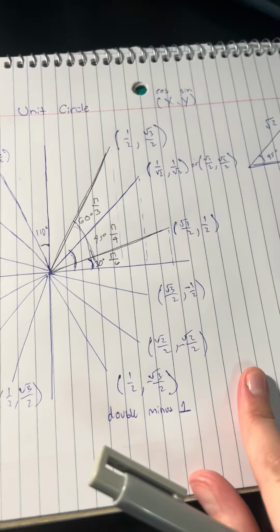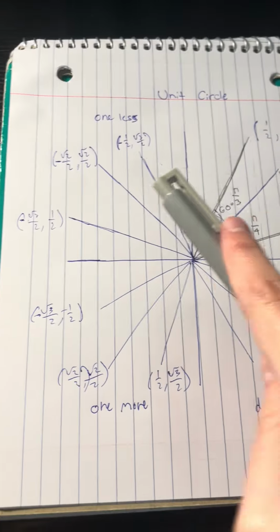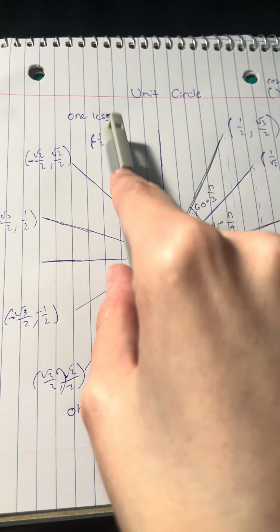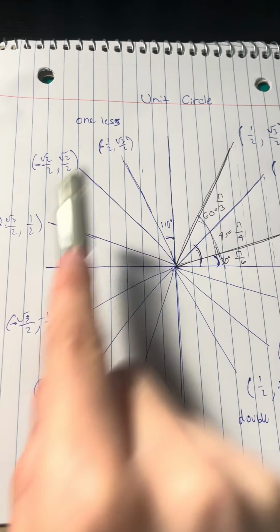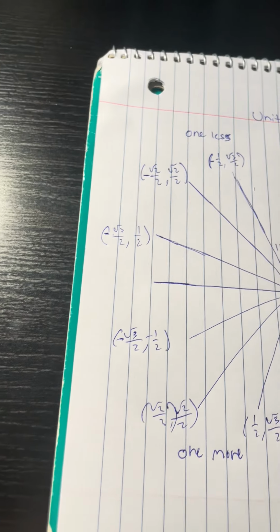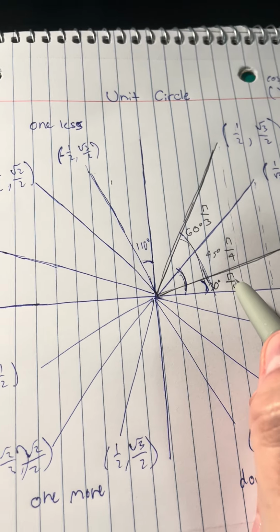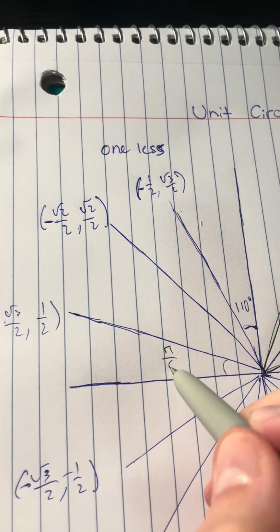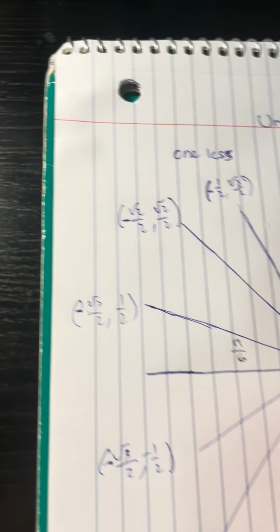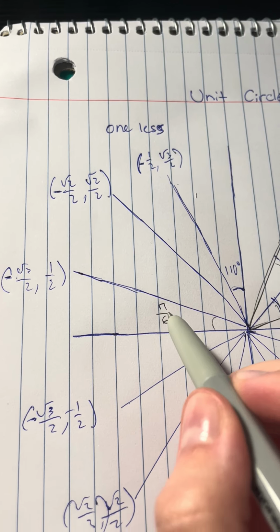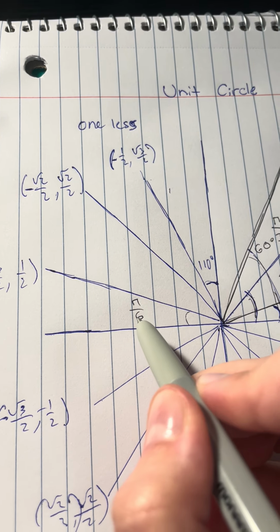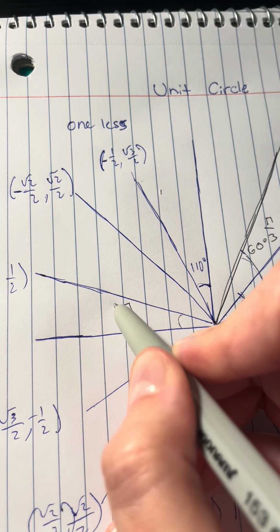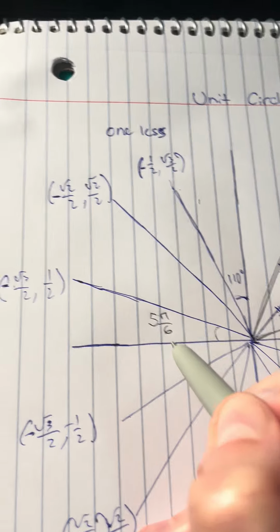Now let's move on to this quadrant for the radians. This one is going to be the one less quadrant. Since this one would originally be pi over 6, just like over here, we do 1 less of the denominator. 1 less of 6 is 5, so this is 5 pi over 6.